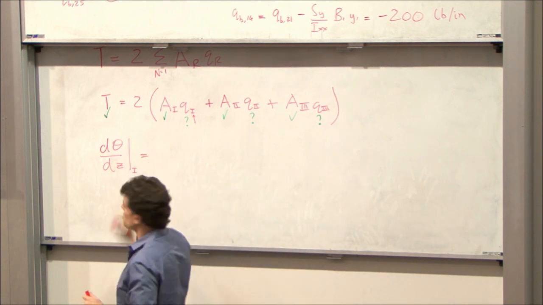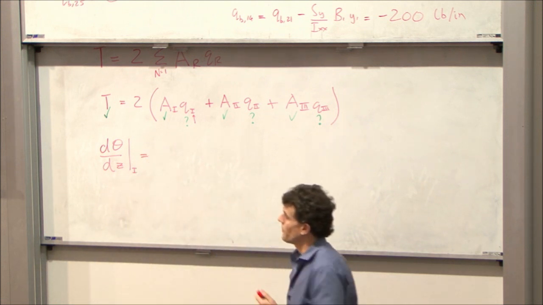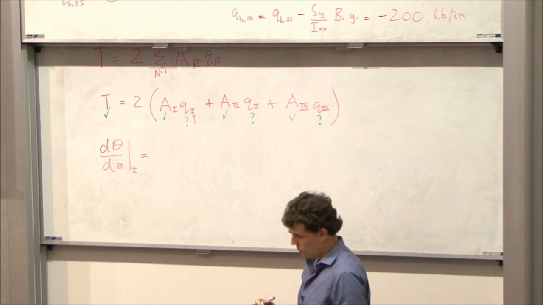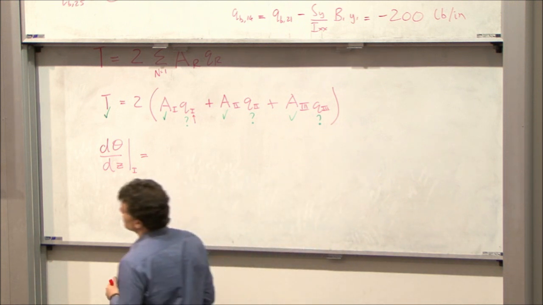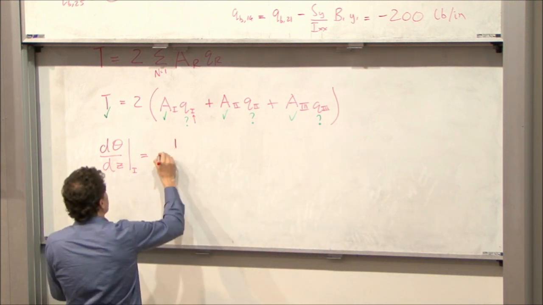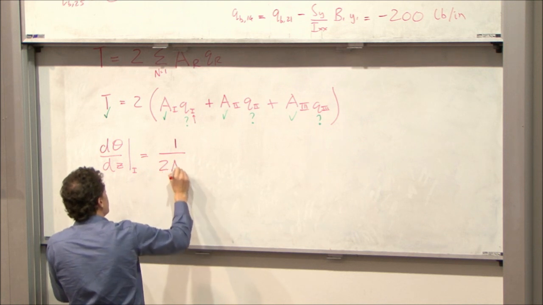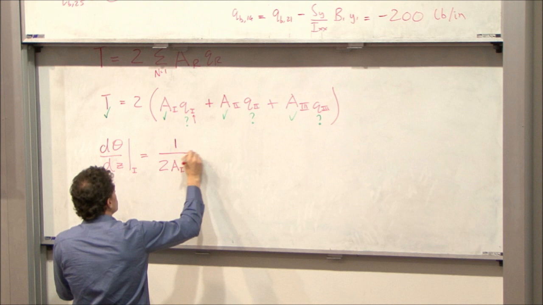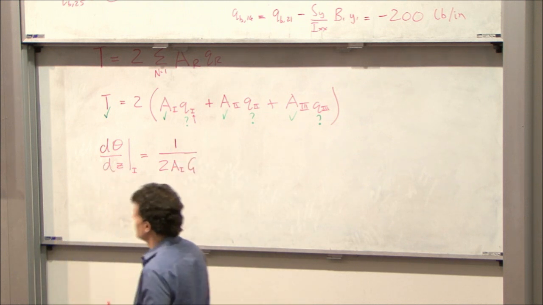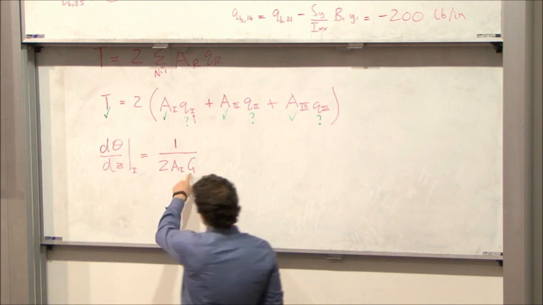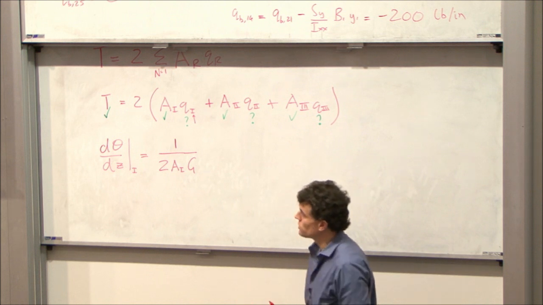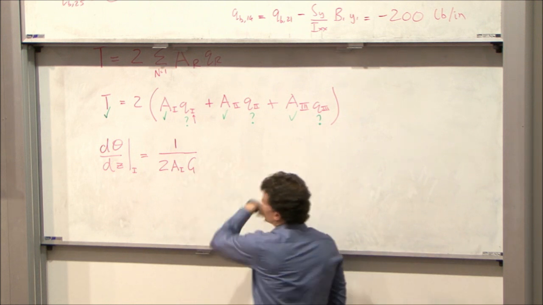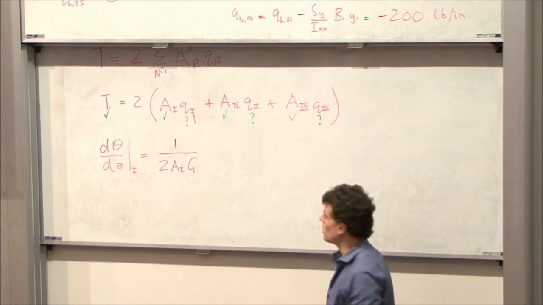So we turn to rate of twist for cell 1. Rate of twist for cell 1 equals 1 on 2A1 G. Okay, remember we've got a constant G everywhere. If G wasn't constant, it would have to end up inside the sum as well.